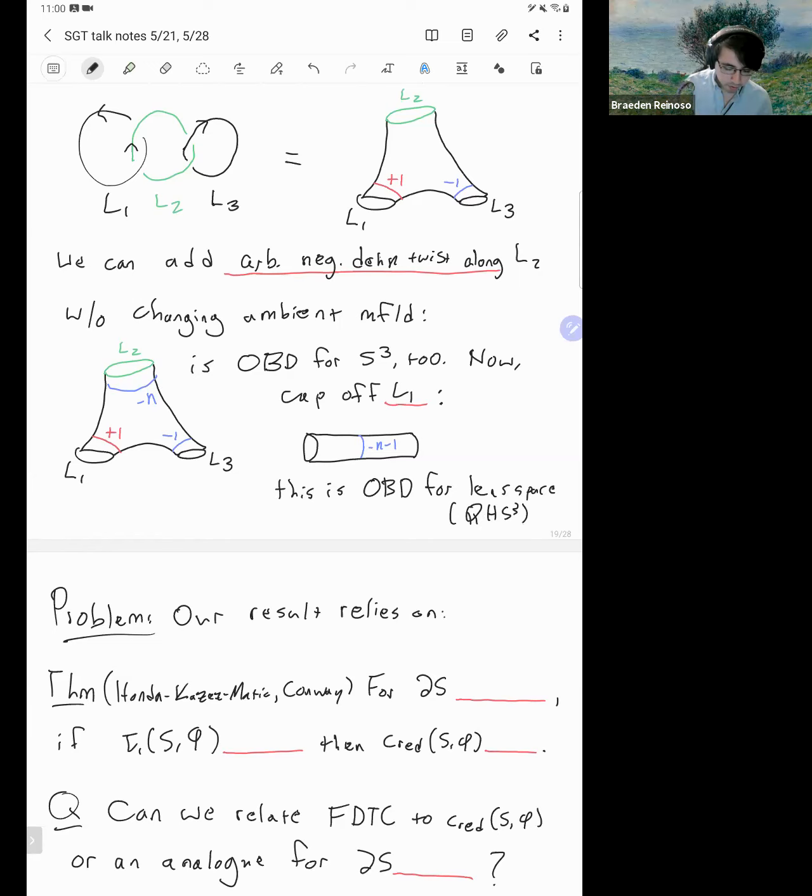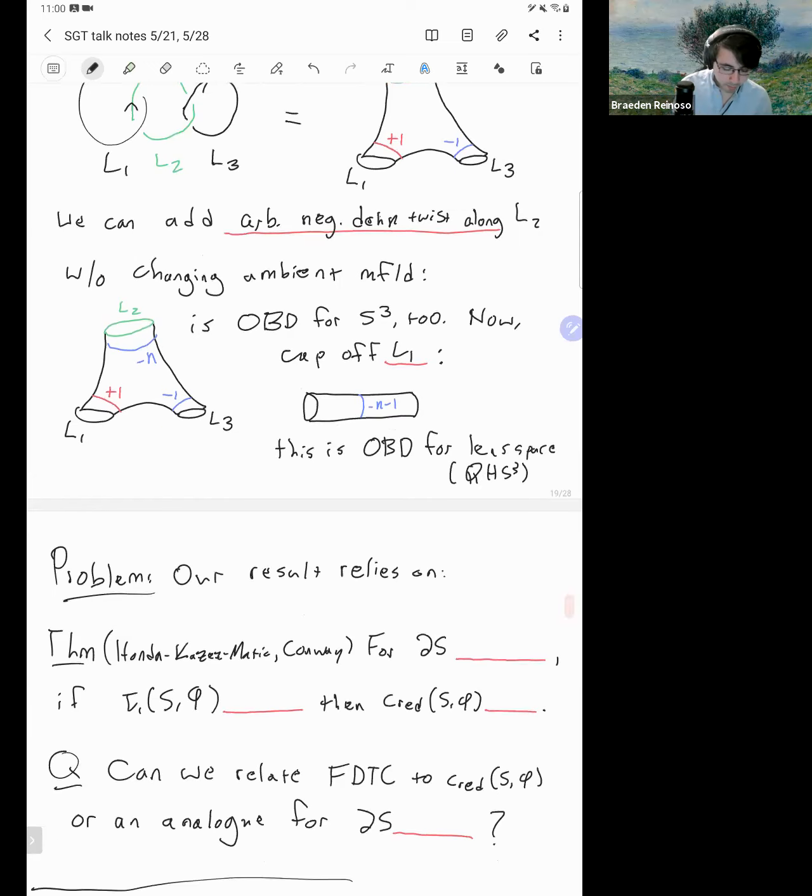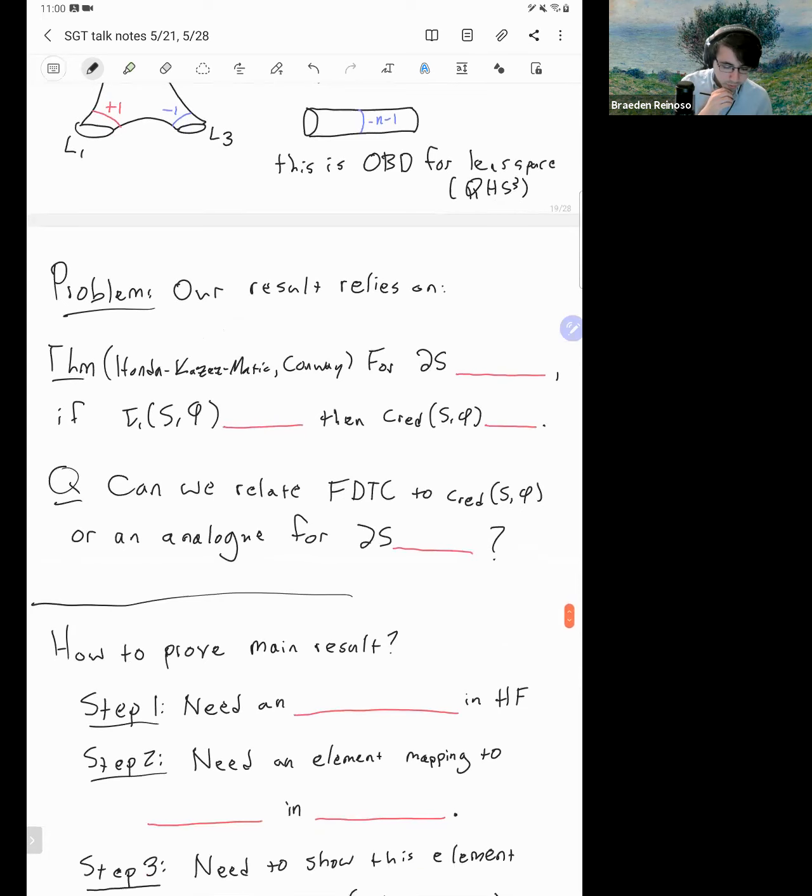Okay. So yeah, the problem is really just that, like I said, our result relies on this theorem that I mentioned before of Honda, Kazez, and Matić and Conway, which is that if you have an open book with connected binding, and your fractional Dehn twist coefficient is greater than 1, then your reduced invariant is non-zero.